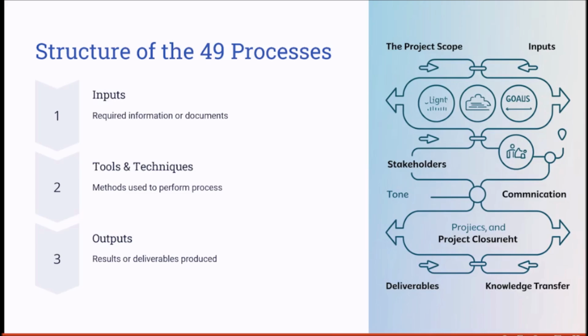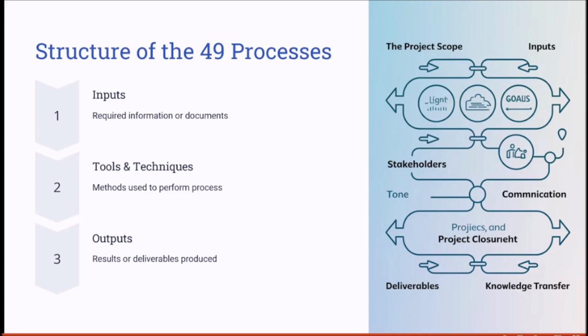First, let's understand the structure of the 49 processes. Each of these processes follows a structured approach, such that each will have inputs, tools and techniques, and outputs, which are the ITTOs.